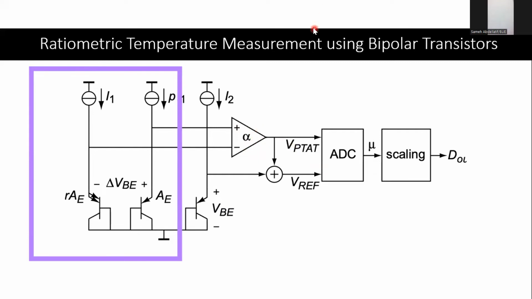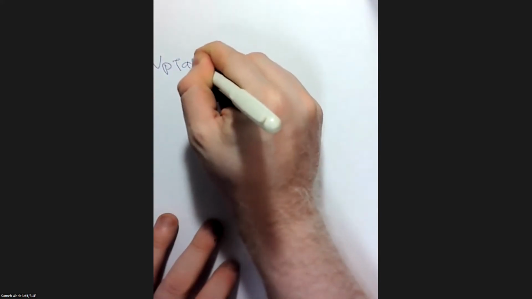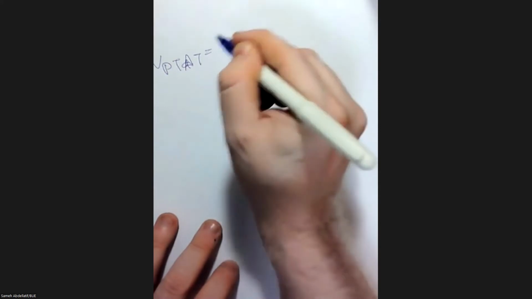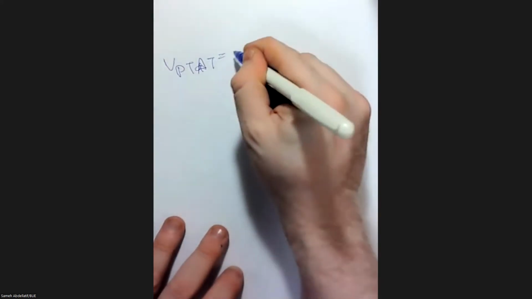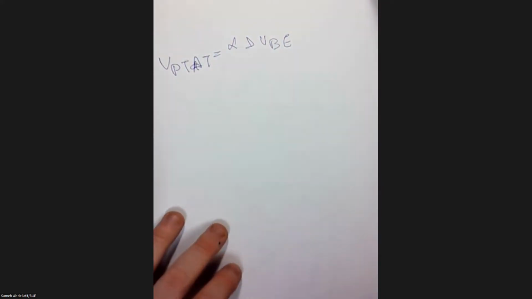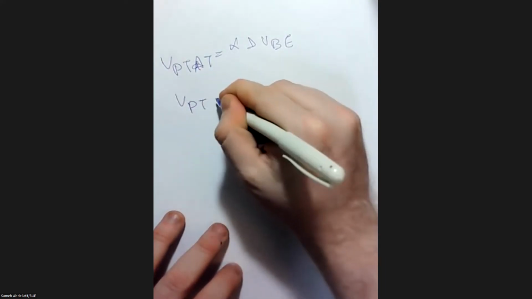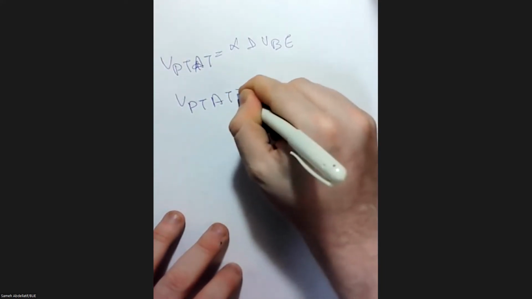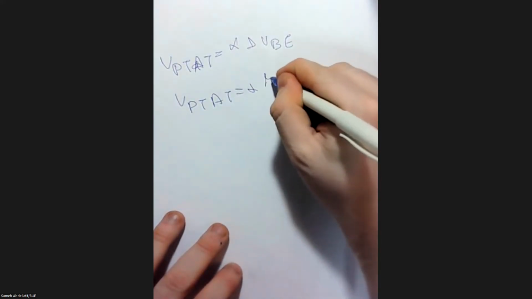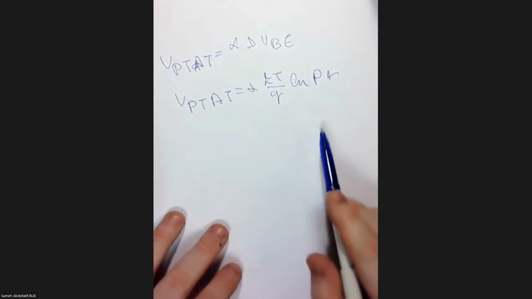So going to our circuit for a while, we can say that VPTAT equals alpha delta VPE, or VPTAT equals alpha times KT over Q ln P times R. Now take care, my dear students.